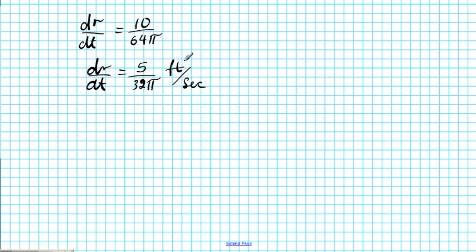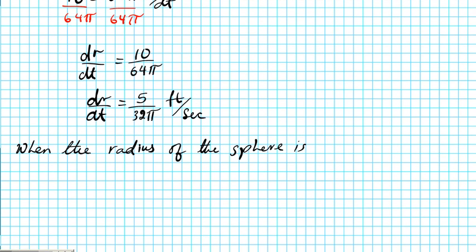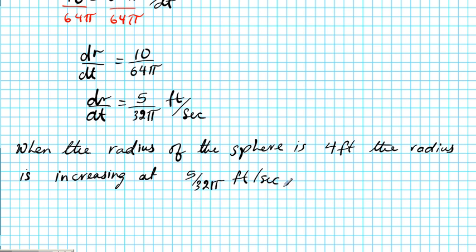So if you want to write down what this answer means, the meaning of this answer is that when the radius of the sphere is 4 feet, the radius is increasing at 5 over 32 pi feet per second at that point in time. Okay? So there goes your answer.